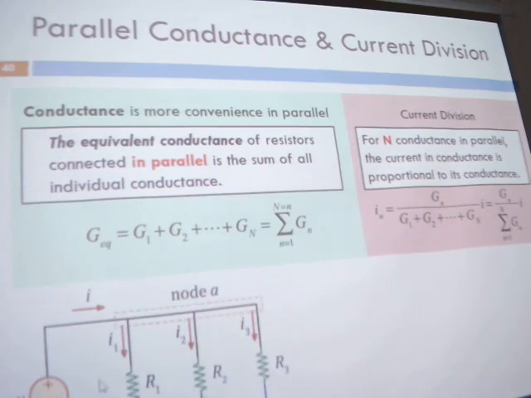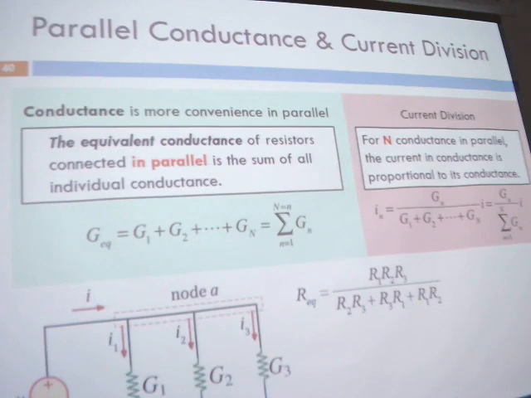Okay, please look at this figure. Our Req here is equal to R1 R2 R3, the product, over R2 R3 plus R3 R1 plus R1 R2. This value, maybe we don't need to care about where it comes from, we just calculate it, because here we have 3 resistances connected in parallel.